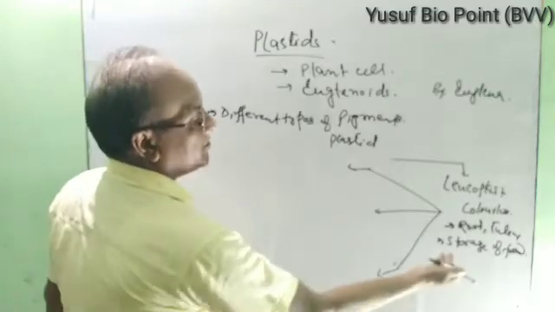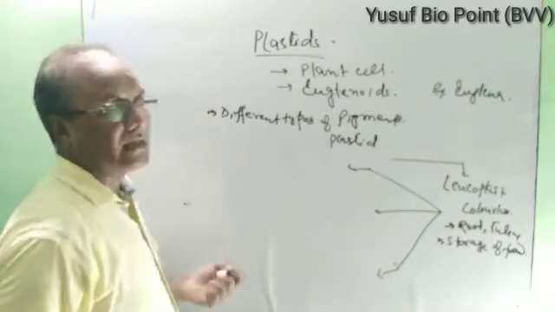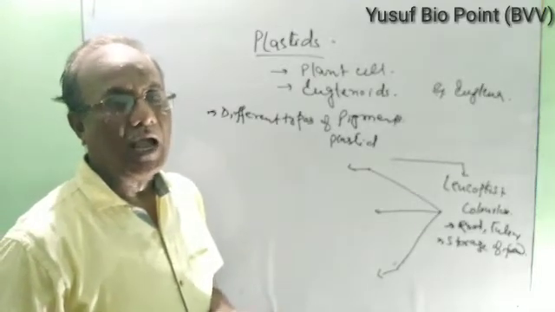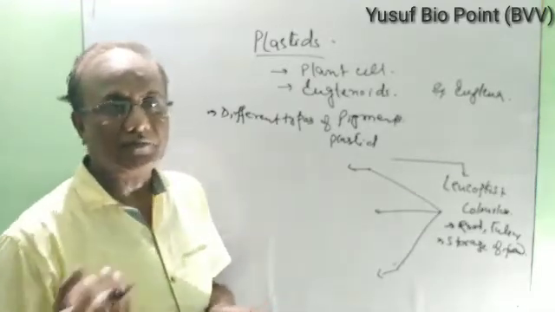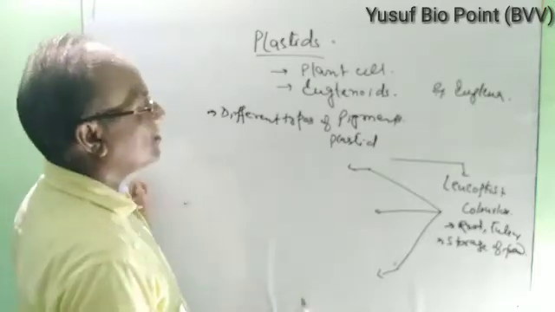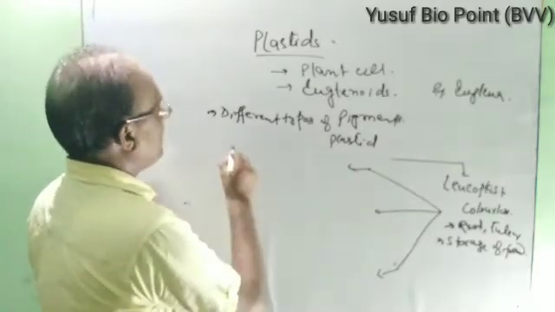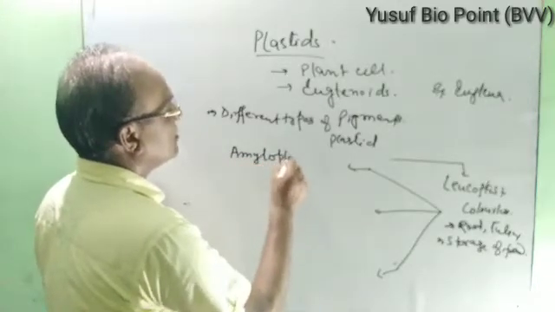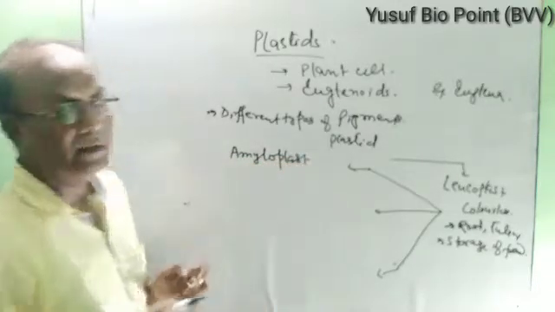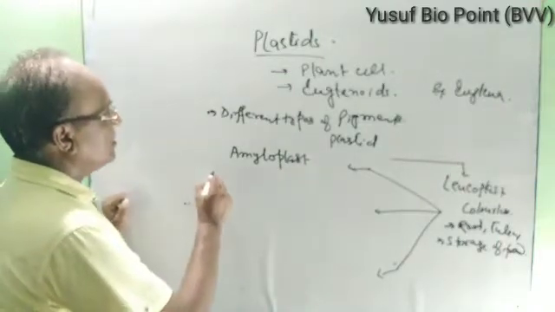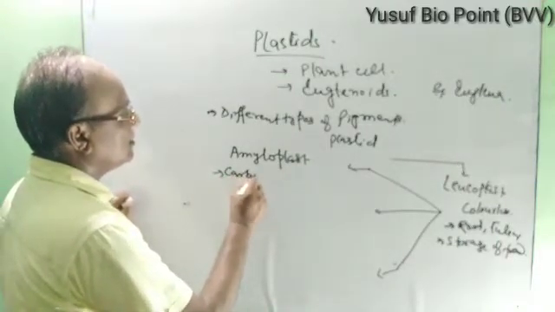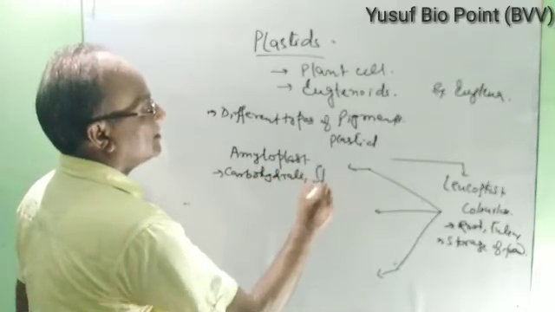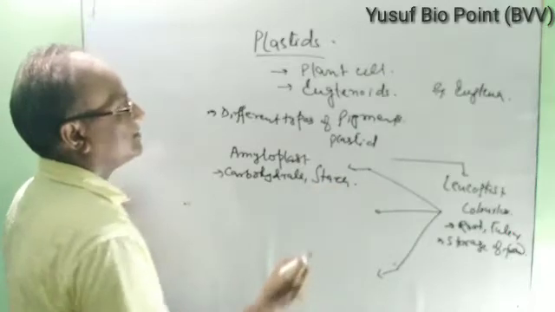It contains carbohydrates, proteins, and fats, and on that basis, different names are given. The first is amyloplast. It stores carbohydrate like starch, etc.